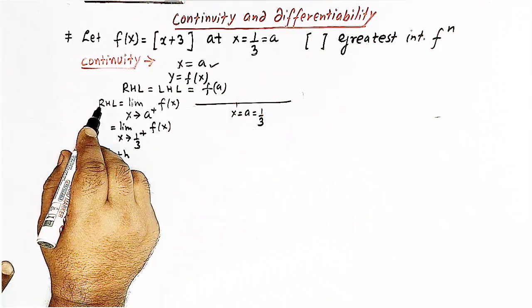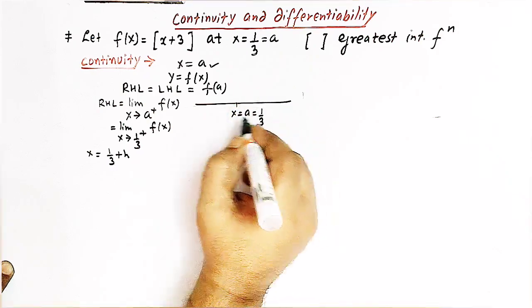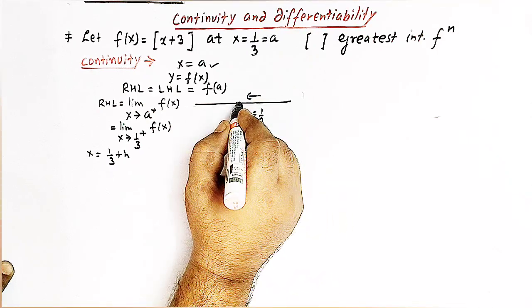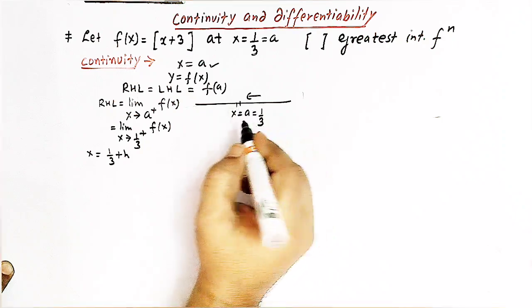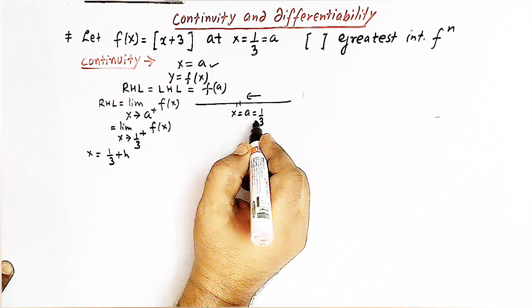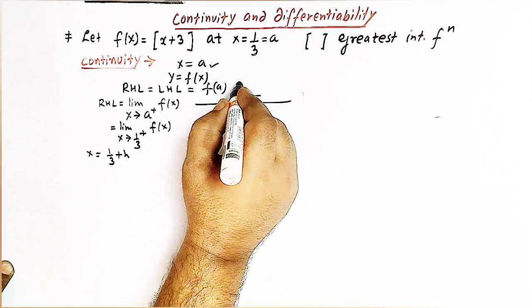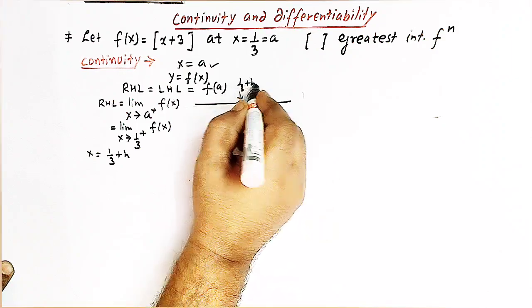When we calculate the right hand limit, we approach from the right of x = 1/3, in the right neighborhood, and this point is 1/3 + h.